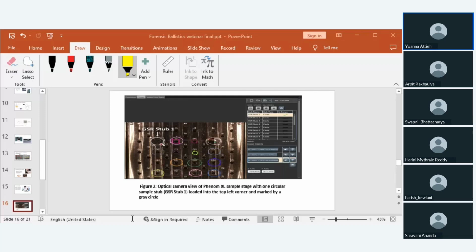The auto video function allows users to optimize brightness and contrast during the GSR run, ensuring the best possible quality image. The dual thresholding feature helps maintain accuracy by initially detecting particles at a lower threshold and then refining the detection at higher magnifications.